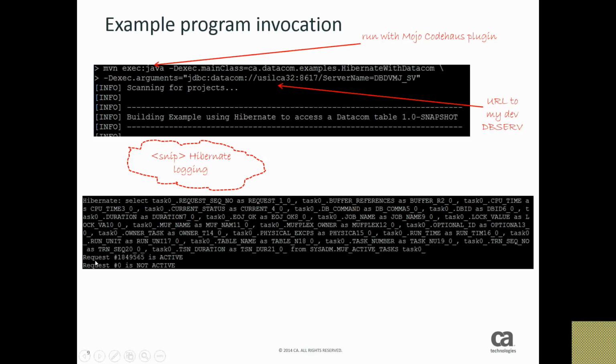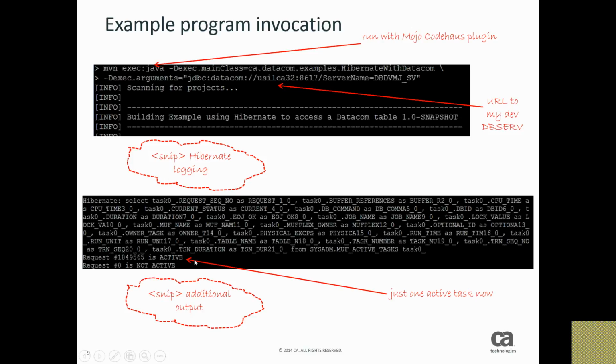We've got one active task right now, and a bit more output will follow that. But in short, this is a nice entry point to just get started with Hibernate, and there are many wonderful resources to pursue as you go deeper, depending on your use case.